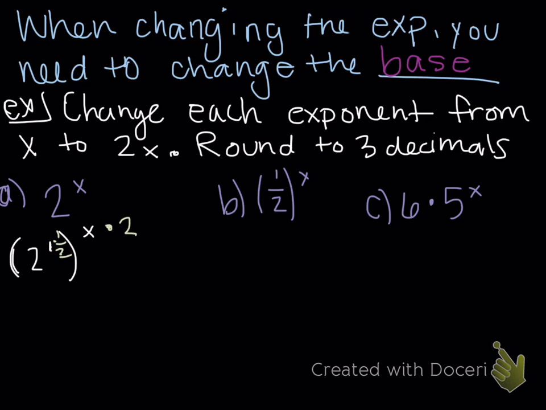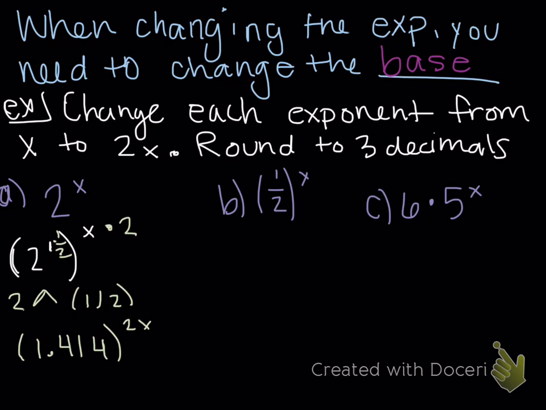So the way we would type this on our calculators is 2 raised to the 1/2 power, and it's very important that the 1/2 power is put in parentheses. If you're using it on a phone, I would say 2 raised to the 0.5. So this becomes 1.414, and now instead of raised to the x power, it's raised to the 2x power.